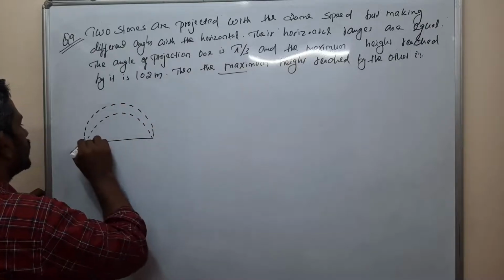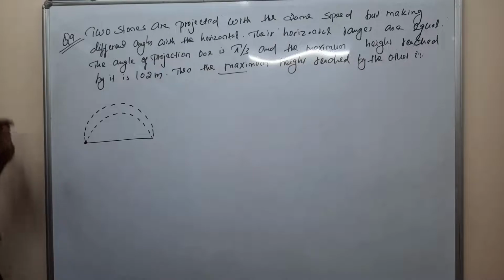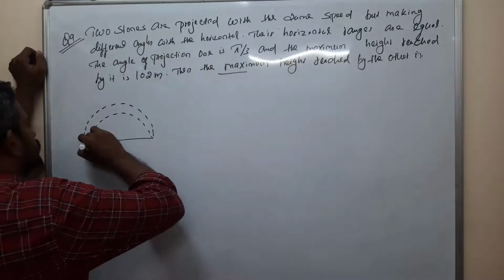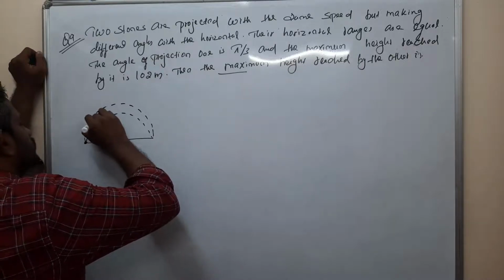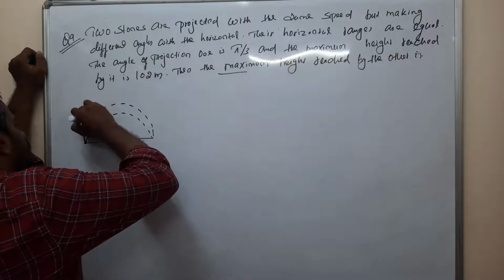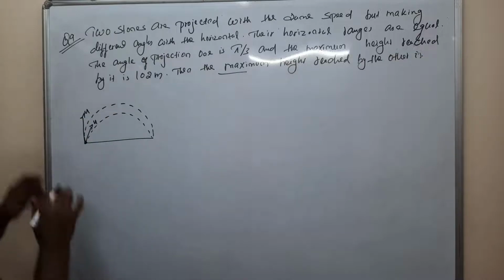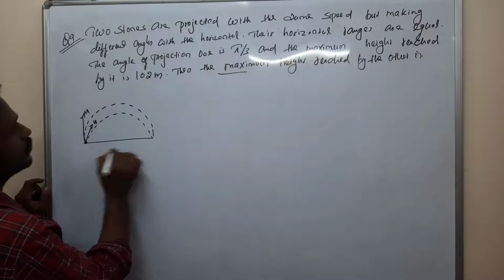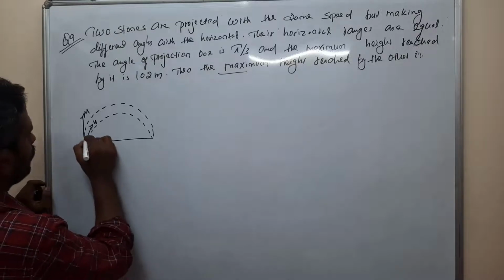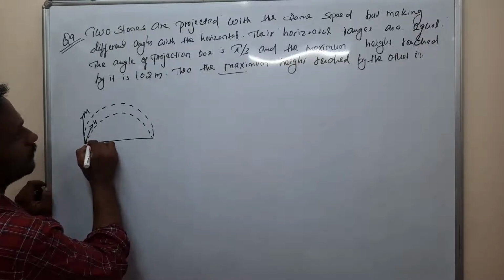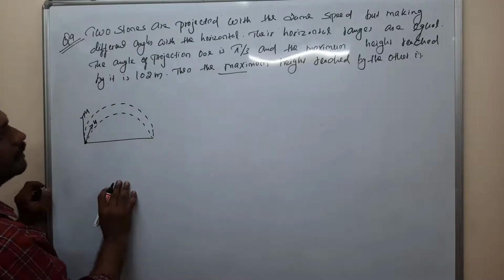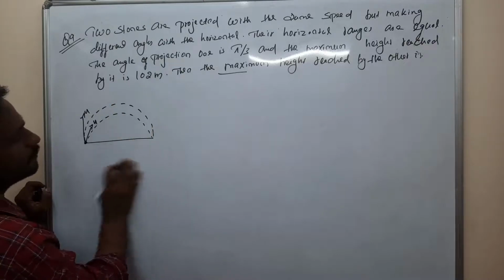So two particles are projected with the same speed. One is projected with velocity u and another is also projected with velocity u. The angle of projection is different, so they have different trajectories.